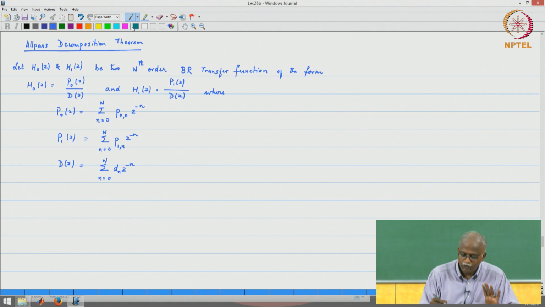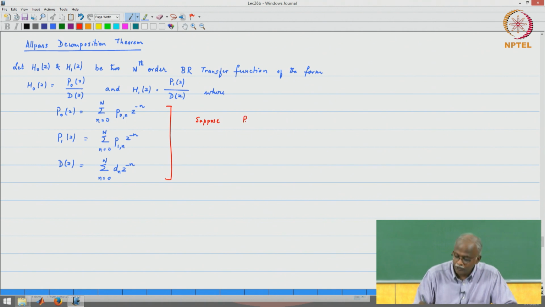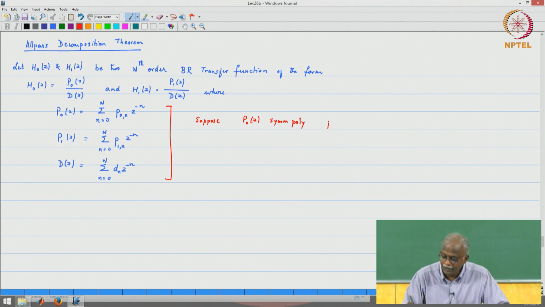And under this framework, we are going to make the following additional constraints. Suppose that p0 of z represents a symmetric polynomial, which basically means that p0,n is the same as p0,N minus n.